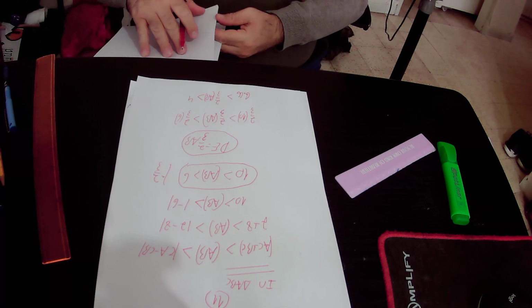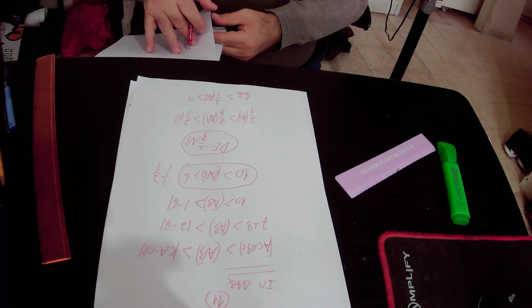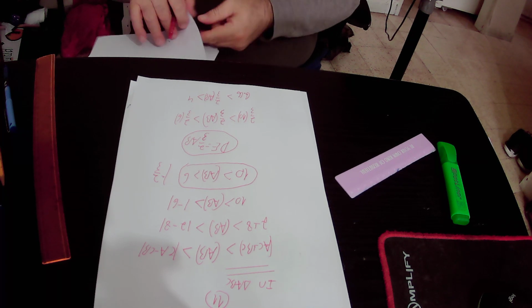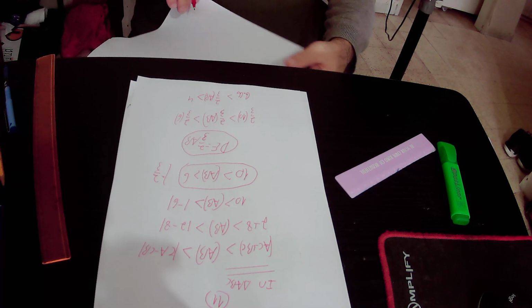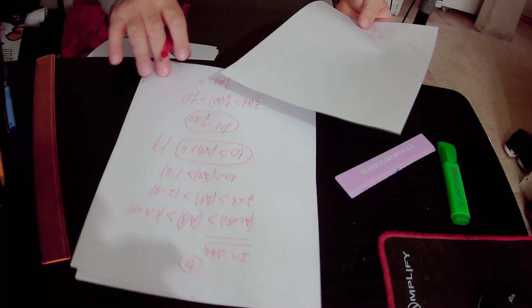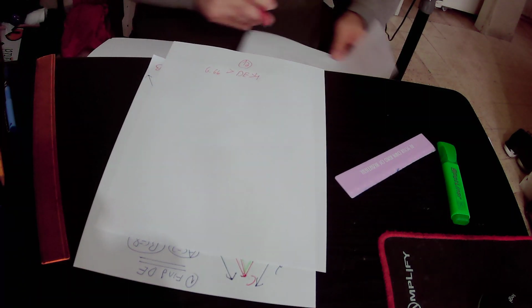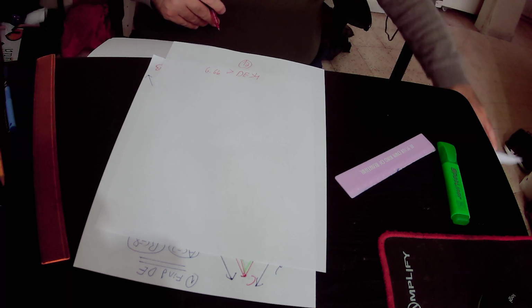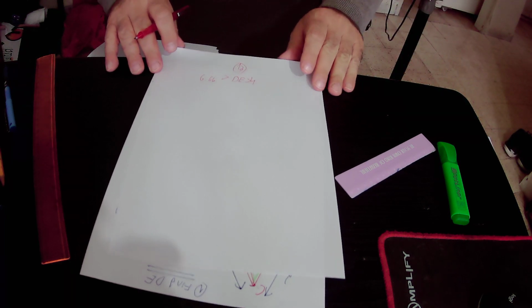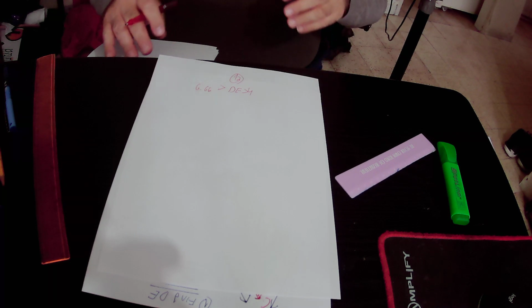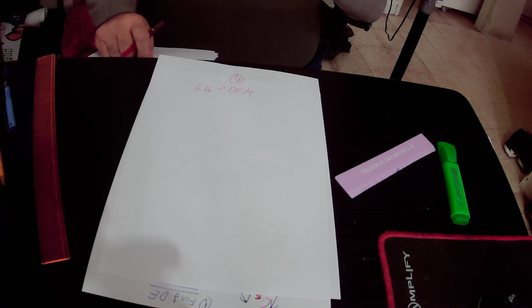After we substituted 2/3 AB by DE, we got that DE is bigger than 4 and smaller than 6.66.